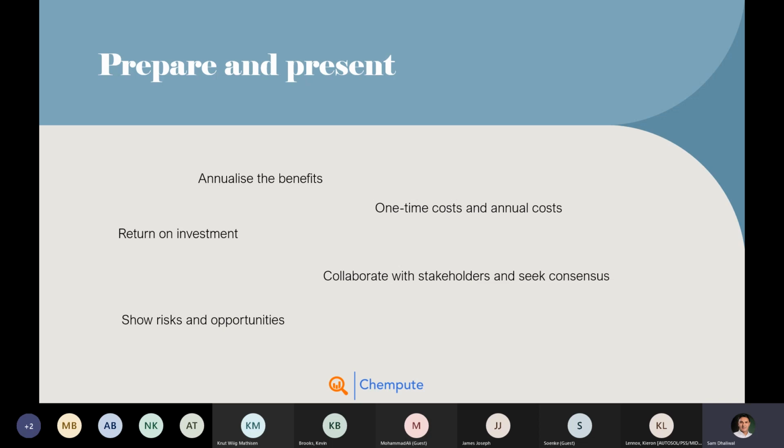Very good idea in your presentation or in your report to show the risks and opportunities of the implementation of the technology. Some of the risks, I would say, which are not necessarily risks, but more like challenges, are training. Training your staff in the new technology. Maintenance is also a big challenge. Like all technologies, you have to have dedicated people looking after these applications.